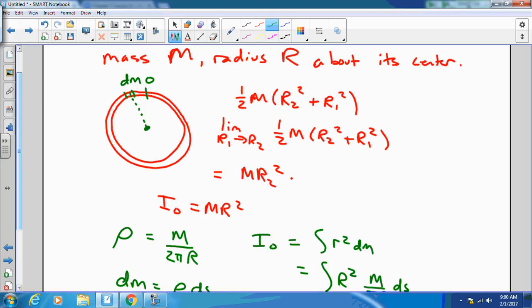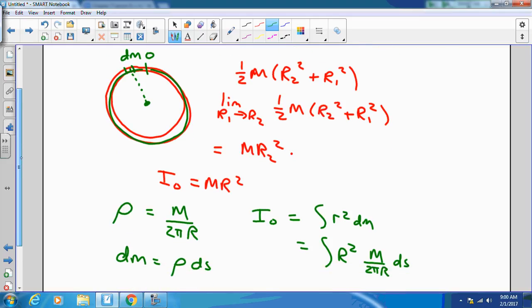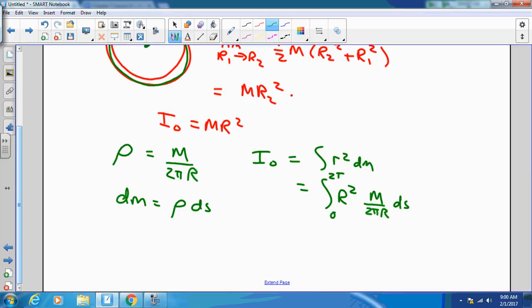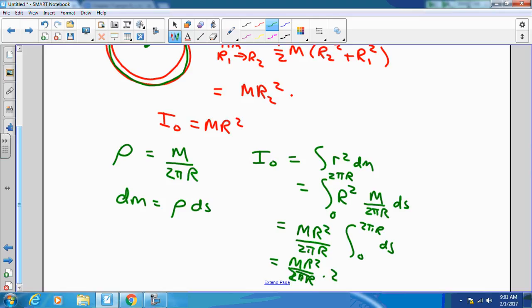And the elements of ds are going to be integrated from an arbitrary starting point, let's say 0 right here, all the way around to the last ds, which is equal to 2 pi r. So that what I get when I pull out the constants are m r squared over 2 pi r times the integral from 0 to 2 pi r of ds, which is equal to m r squared over 2 pi r times 2 pi r. And those all cancel, giving you m r squared.